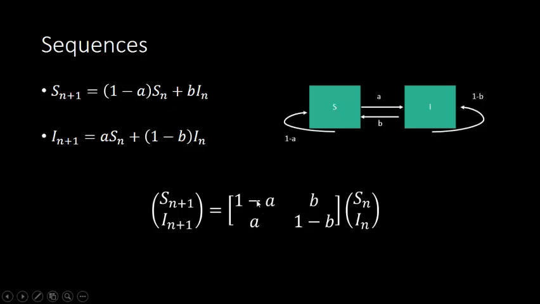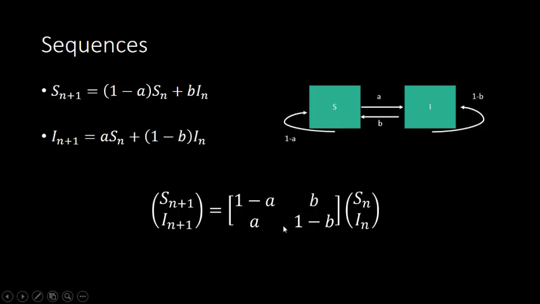You'll notice that I've used the opposite probability, so an individual that remains in the susceptible group will be given by that probability 1 minus A, and the opposite value here denotes the probability of a susceptible individual becoming infected.